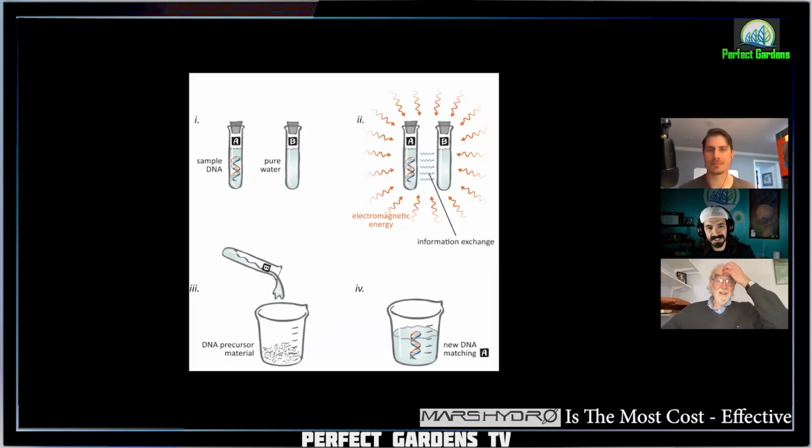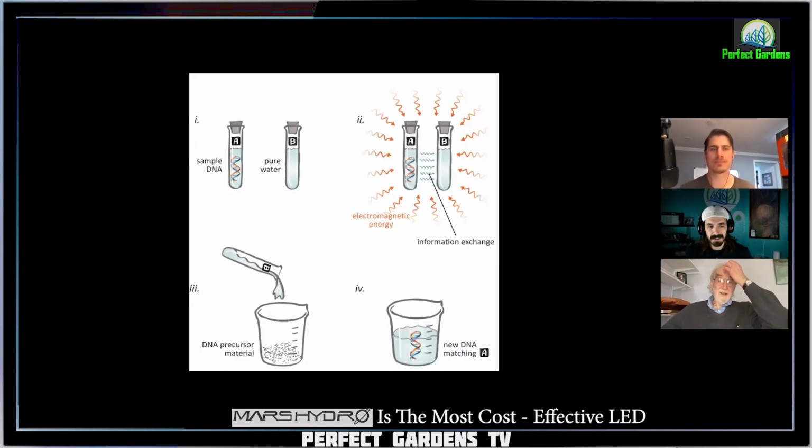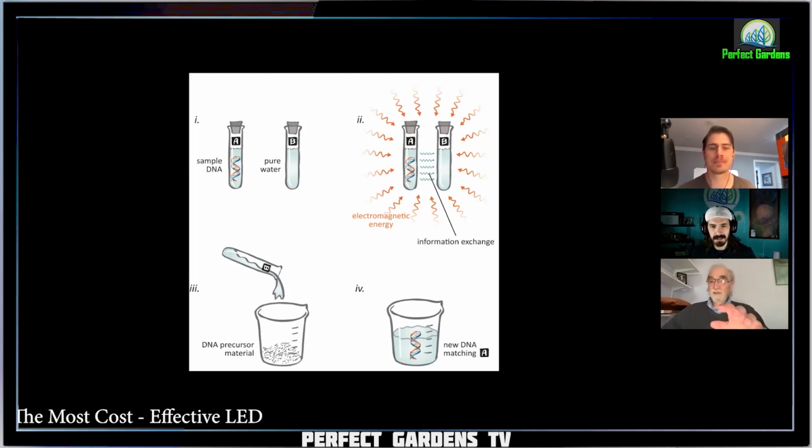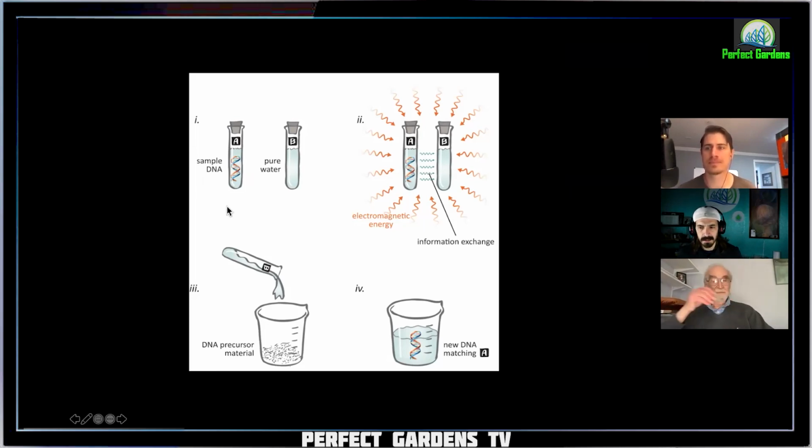Luc has been busy studying water memory, and he has an experiment whose results are nothing short of amazing, that deal with information and memory. Let me just explain here. This is not as daunting as it may seem. So he's got containers A and B. In container A is DNA that is sitting in some buffer, basically water.